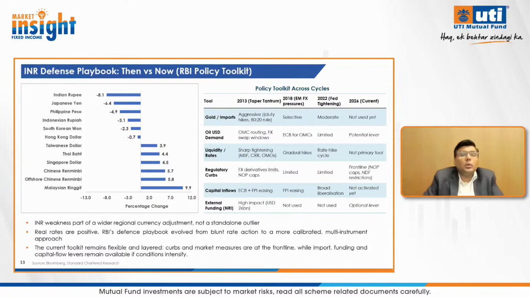And hence, the right way to attract dollars would be either to open up special windows for non-resident investors, if this situation continues and RBI needs to protect the currency, or probably open up a special window for oil marketing companies, which will reduce the pressure on the interbank market. And what RBI has been doing is taking market-based measures.